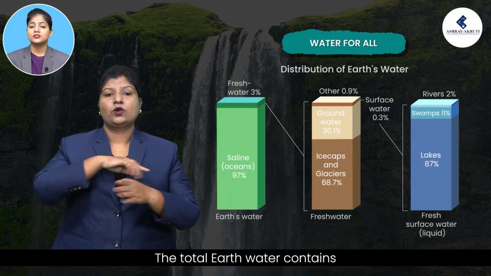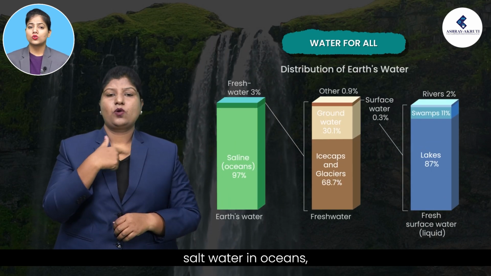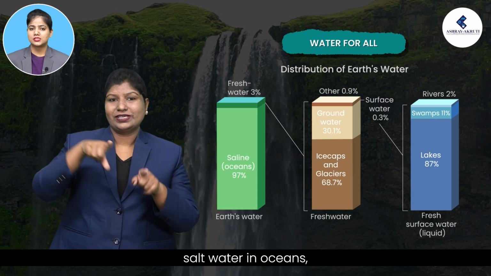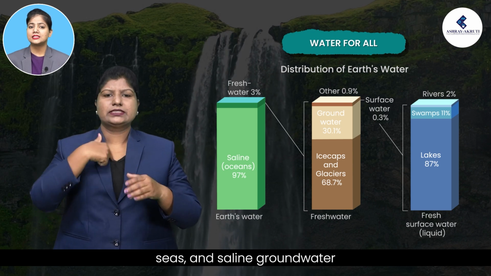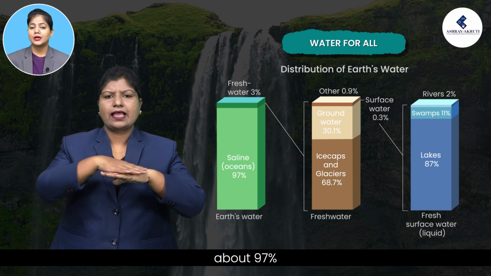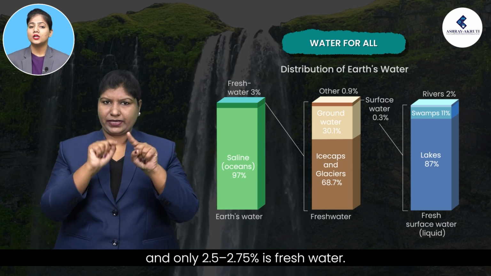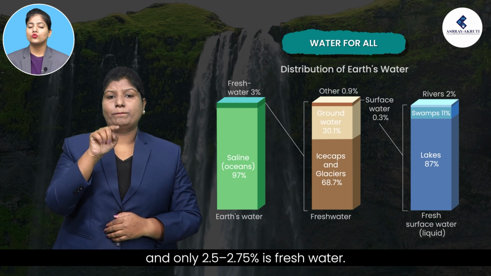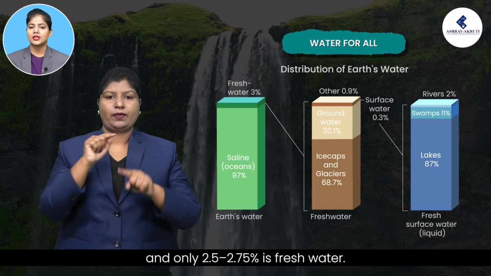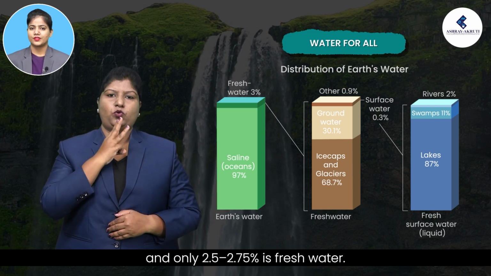The total Earth's water contains salt water in oceans, seas, and saline groundwater about 97%, and only 2.5 to 2.75% is fresh water.